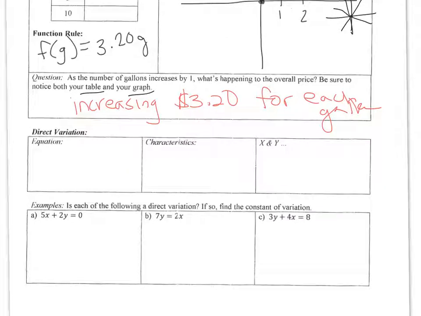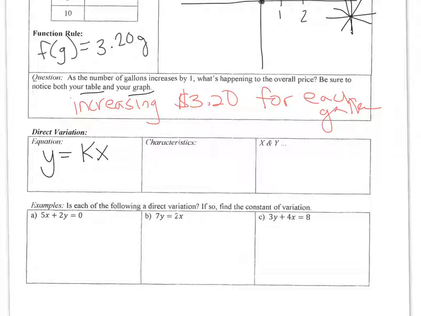In direct variation, it takes on the equation y equals kx, where this k is your slope. It's also called the constant of variation, and the y-intercept is 0.